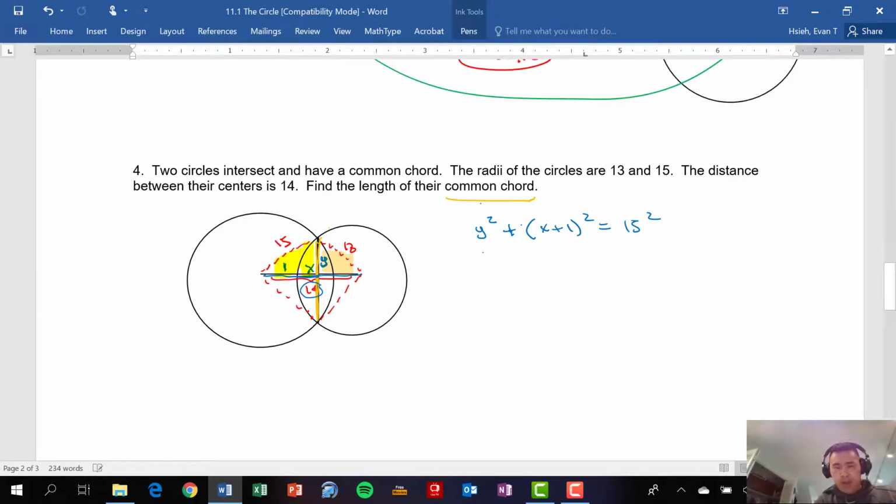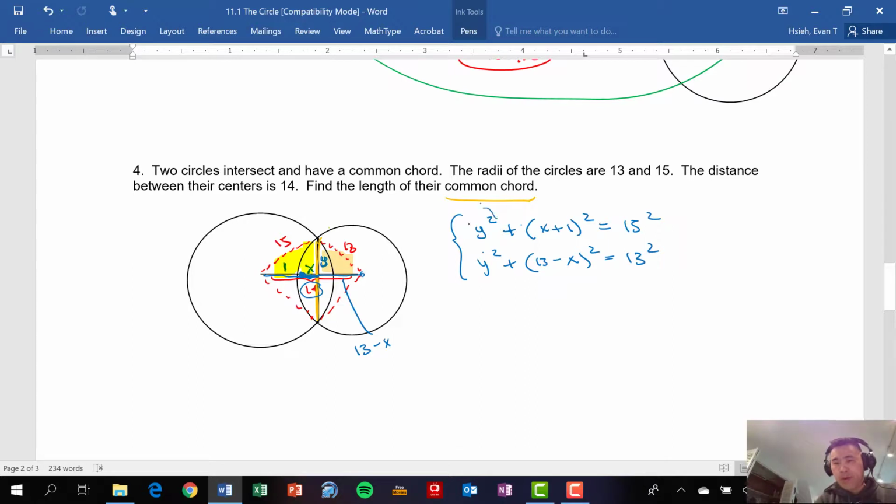If this is x, and I know that this whole thing is a radius from this point over to this point of 13, then this side right here is going to be 13 minus x. So I can do y squared plus 13 minus x squared is equal to 13 squared. And then I have a system of equations and I can solve that.